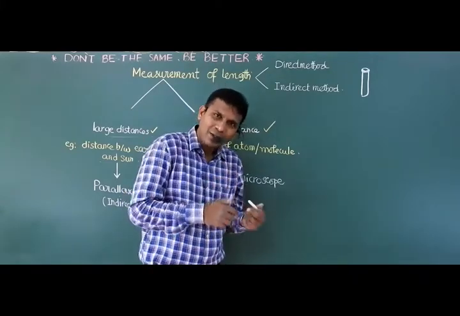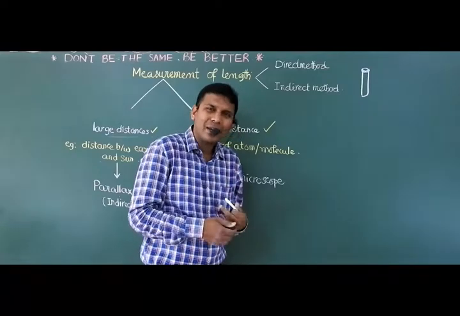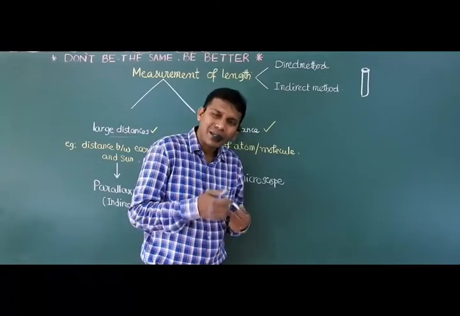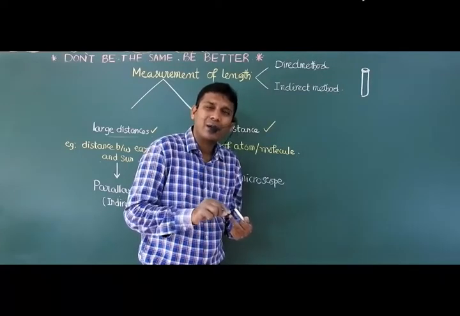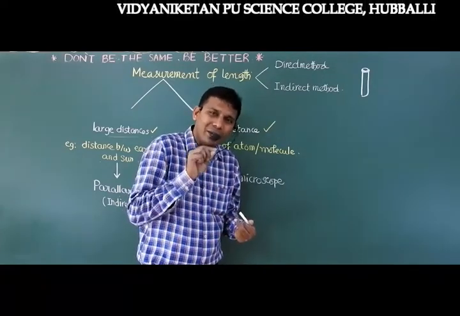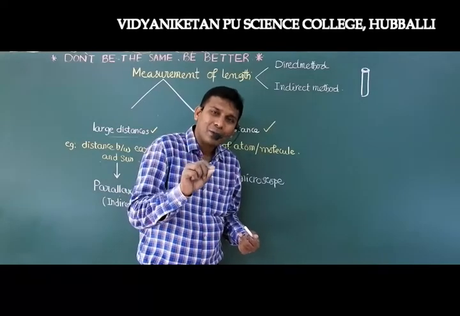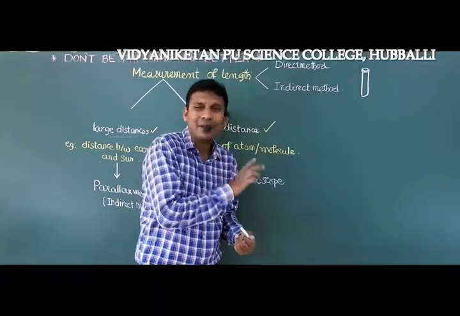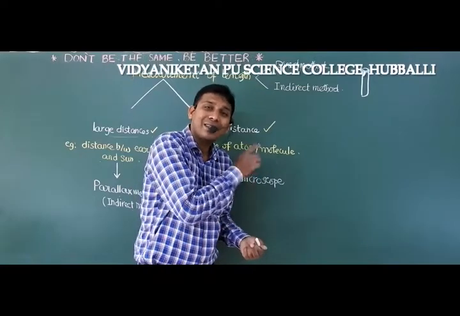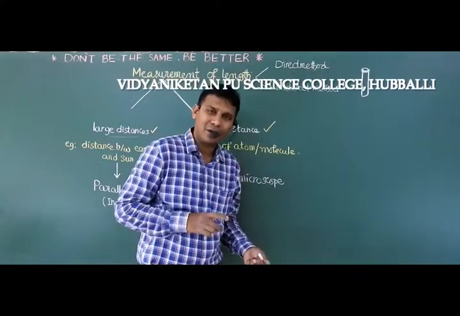We cannot measure that diameter accurately with high resolution. That's why now, due to the advancement of nanotechnology, we are using the tunneling microscope to study small things or to find small distances such as the size of an atom, size of a molecule.